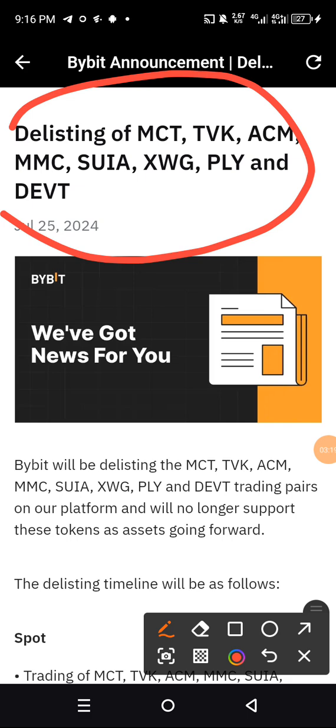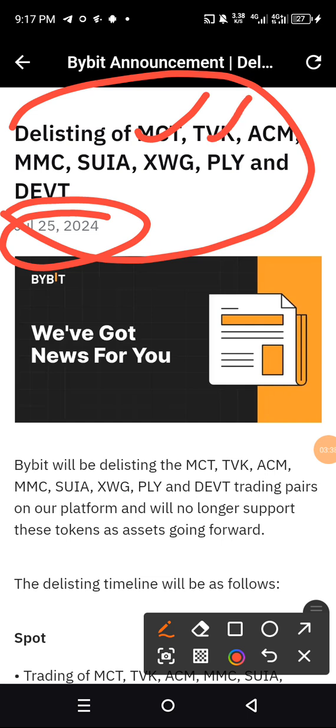Bybit will be delisting those coins very soon. This information was dropped yesterday, which was the 25th of July. You can see this, 1 2 3 4 5 6 7 8.